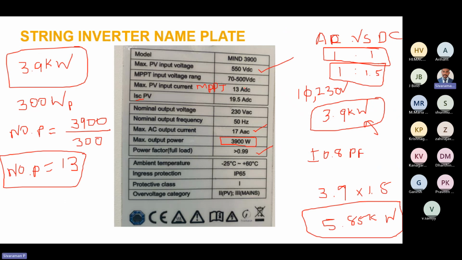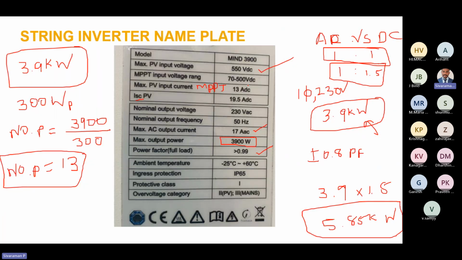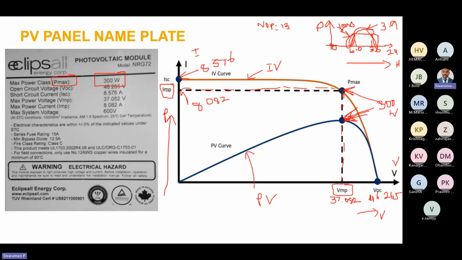The next thing we have to do is match the MPPT voltage of the inverter to the MPPT voltage of the solar PV module.